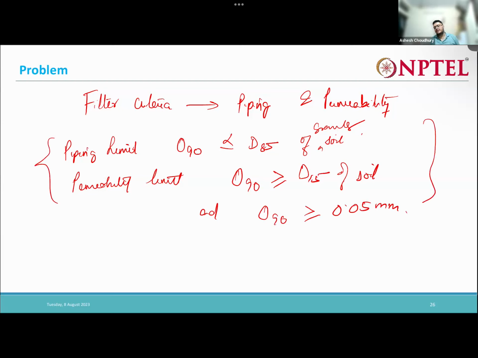These are the two criteria, piping and permeability, that should be satisfied by the geotextile to be used as a filter. Now let us check whether the geotextile satisfies them.